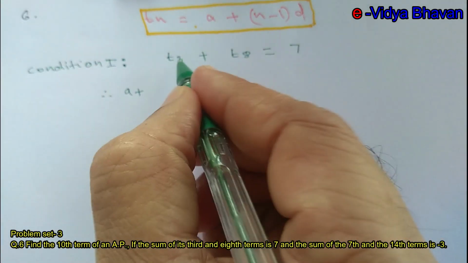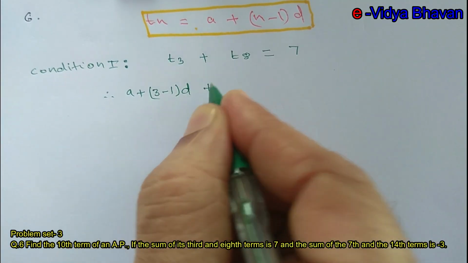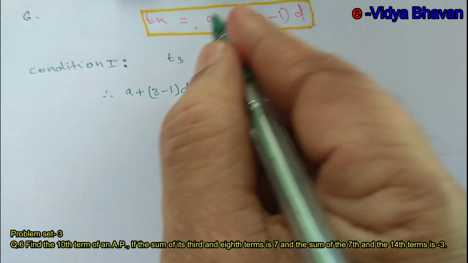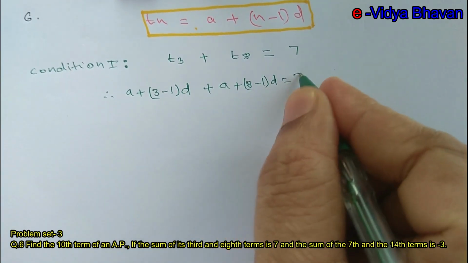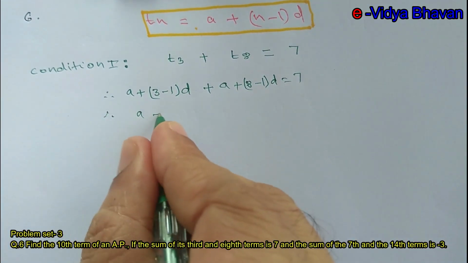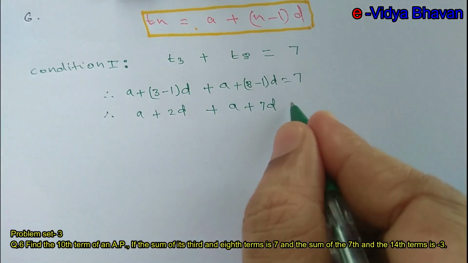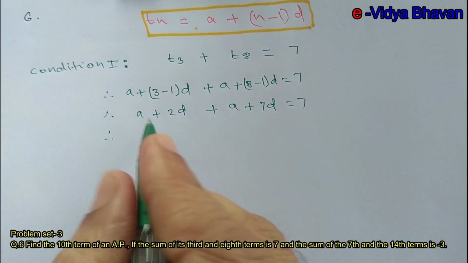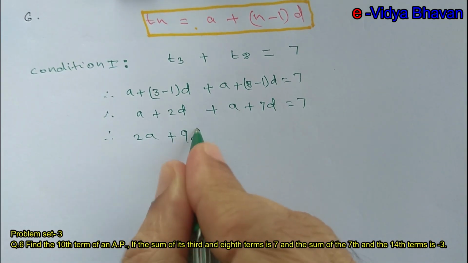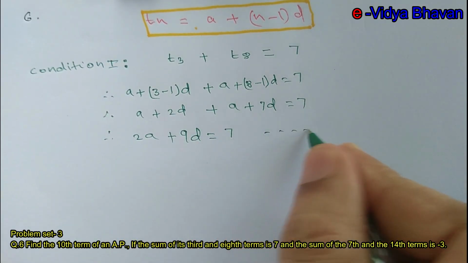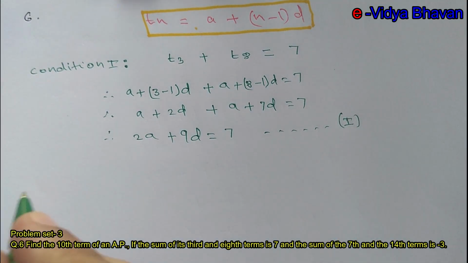Therefore a plus 3 minus 1 d, T8, a plus 8 minus 1 d, therefore a plus 2d, a plus 7d equal to 7. Therefore a plus a is going to give me 2a plus 2d plus 7d, 9d equal to 7. And this will be my first equation. Condition number 2.